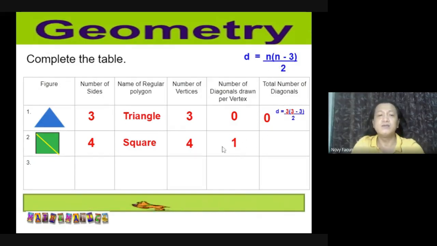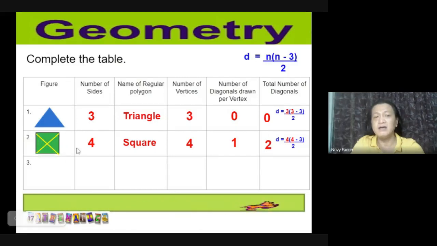Again, 4 minus 3, that is 1. Kaya 1 lang siya. And total number of diagonals naman, kapag sinubstitute natin yung formula, we have 4 times 4 minus 3 divided by 2. Kaya nga, pag sinimplify natin yan, we have 2. Kapag binilang mo yung kanyang diagonal sa loob, we have 2.